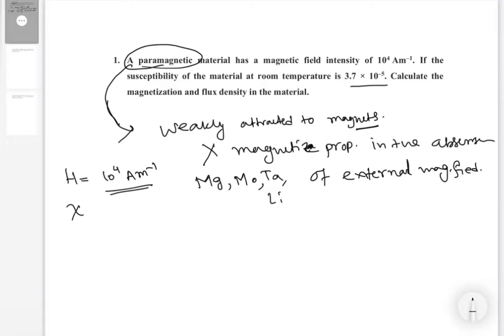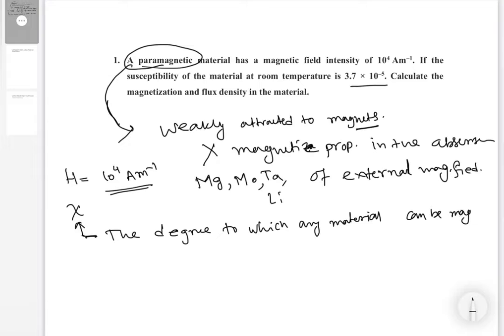What is the susceptibility? Before that, you should know that susceptibility is the degree to which any material can be magnetized.